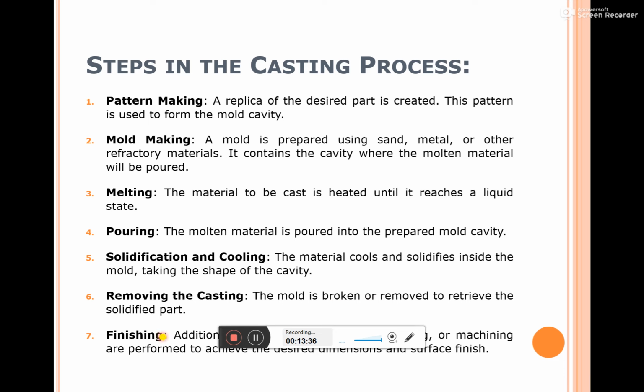And after that, additionally, to get a good surface finish, or sometimes to remove the flashes from the casted product, we have to perform some different machining activities. Sometimes you may use turning operations, sometimes milling operations, and mostly you'll use different grinding processes to get a good surface finish.